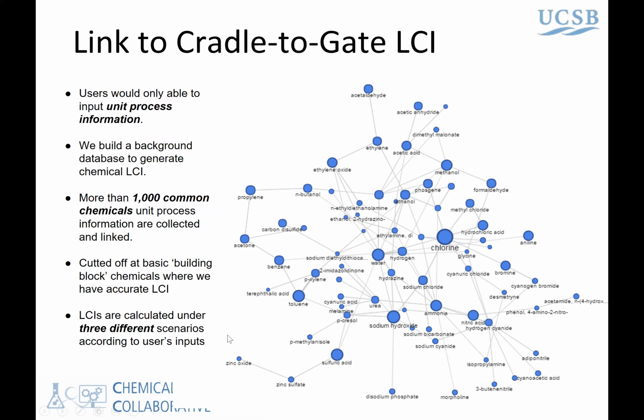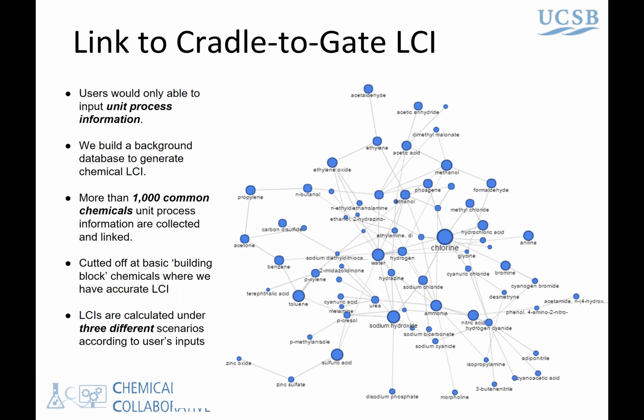And for example, some of the user's input chemicals could be very complicated chemicals at the edge of this graph, and they require some input, and we need to make sure that all of the input from the user's chemicals must be linked all the way up to some very basic chemicals. Here we often call these chemicals building blocks. For example, in this graph, it's chlorine, and this is definitely part of the building blocks.